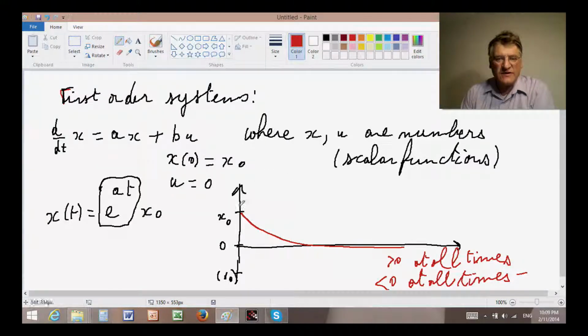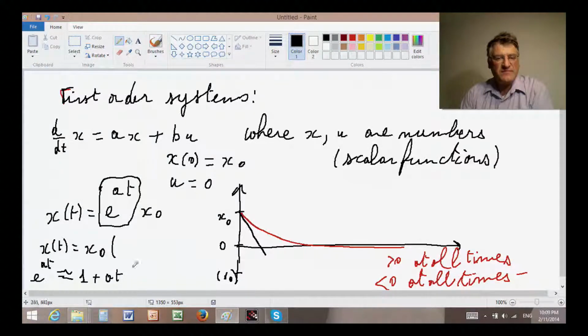Now let's look at some properties. One of them has to do with the tangent. Indeed, when we look at this, we can linearize and obtain that x(t) is equal to x0 times e^(at), and e^(at) we can approximate as 1 plus a times t.